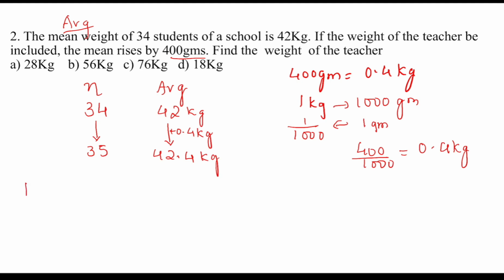Now we know how to find the weight of the teacher, isn't it? Since the average is increasing, the weight of the teacher will be more than the old average. Obviously it will be more than the old average, hence only the average is increasing.